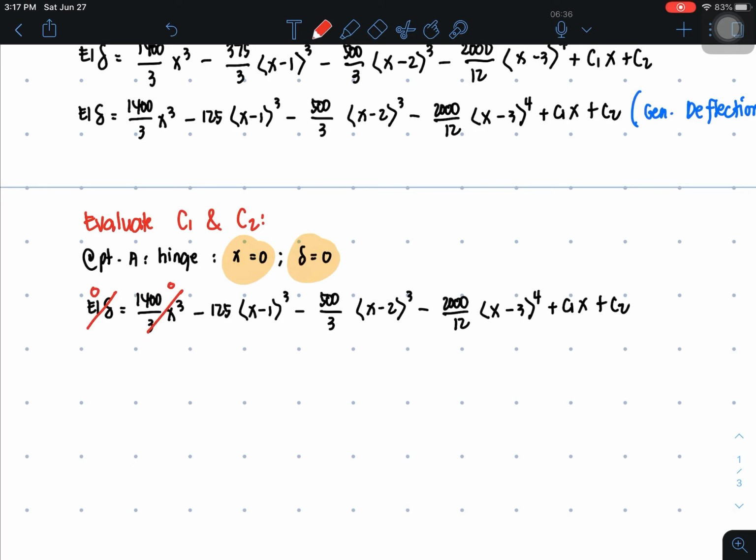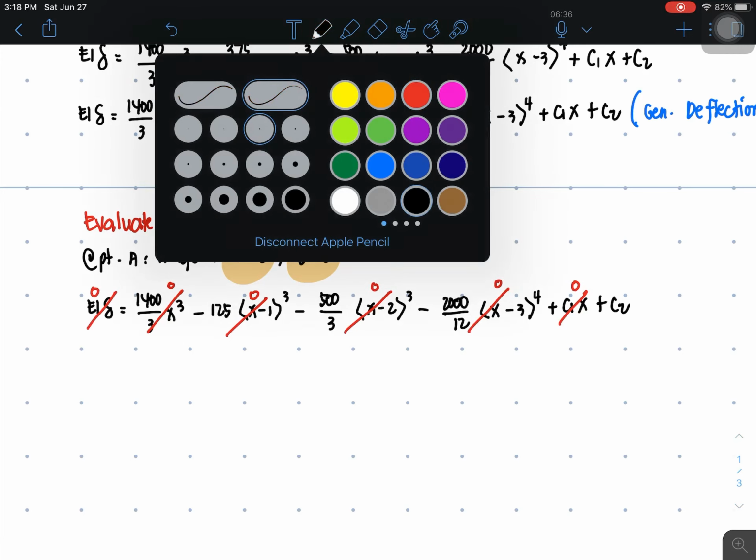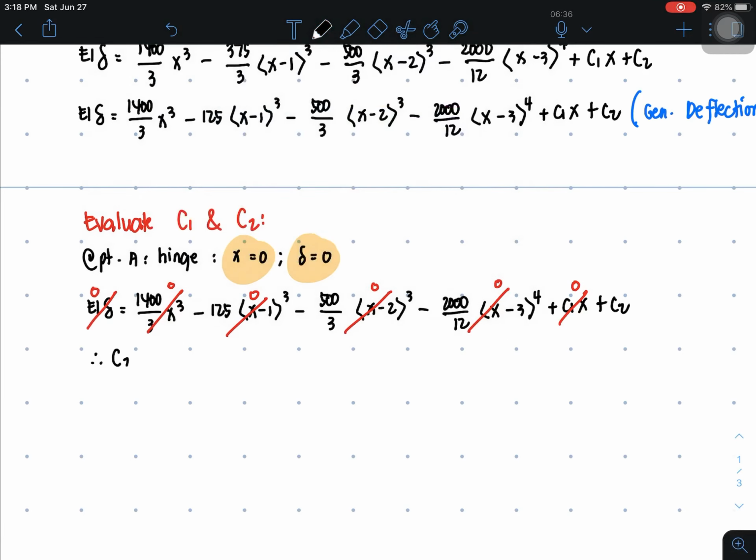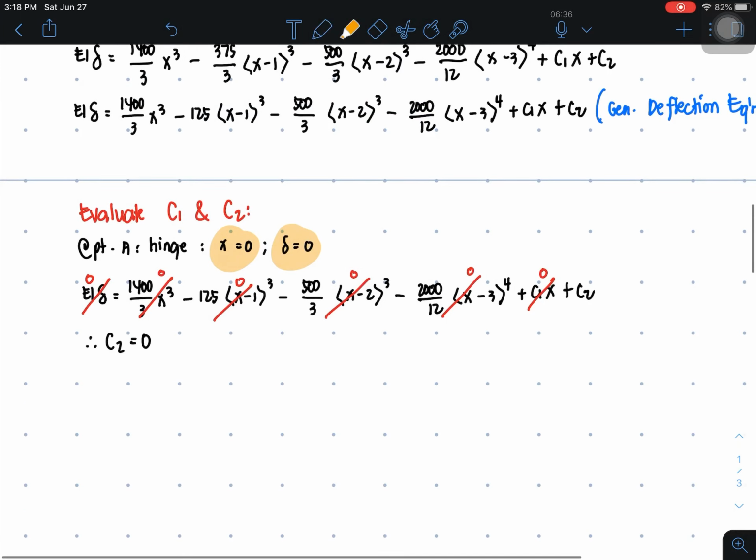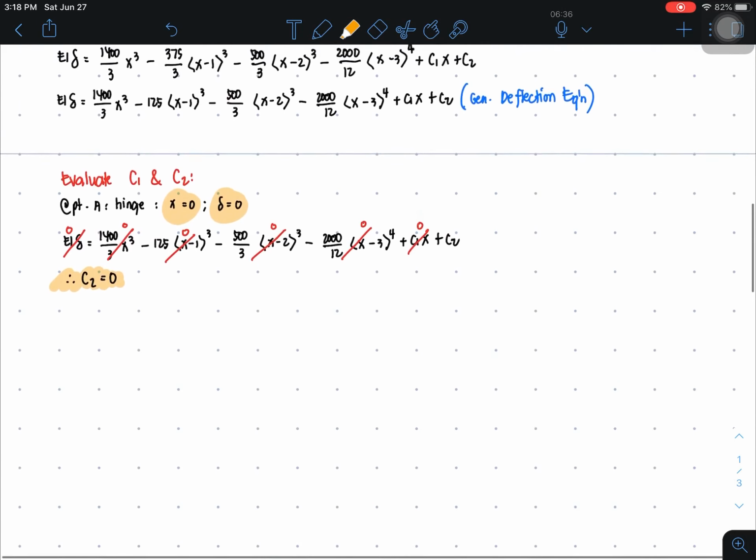This is equal to 0 since x is 0. Then 0 minus 1 is negative, so this is also 0. Then 0 minus 2 is negative 2, so that's 0. Then 0 minus 3 is negative 3, so that's 0. And C1 times 0 is 0. So therefore, C2 is 0. So we have the value of C2 already.